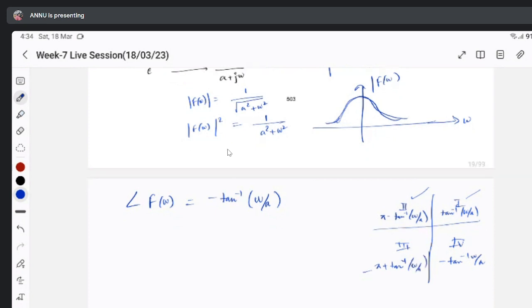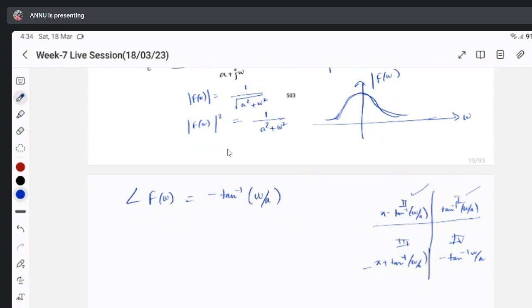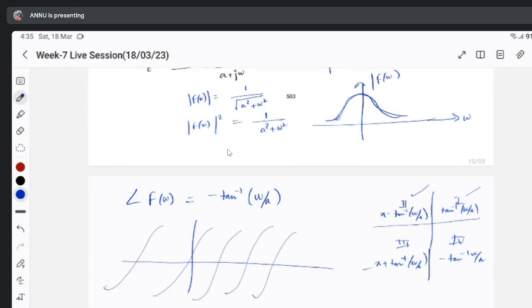Okay, then if you just draw this, how does the tan inverse look like? Ma'am, I don't remember, but we can try it at omega equal to 0. It will be 0. Yes, it should look like this, periodic with pi.